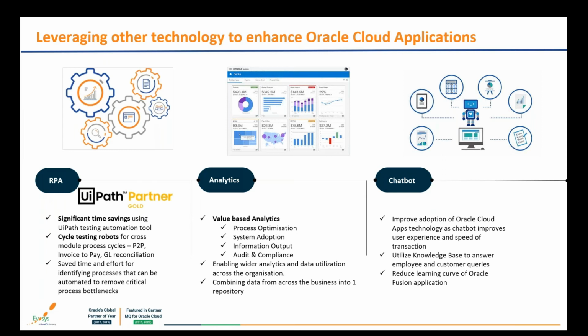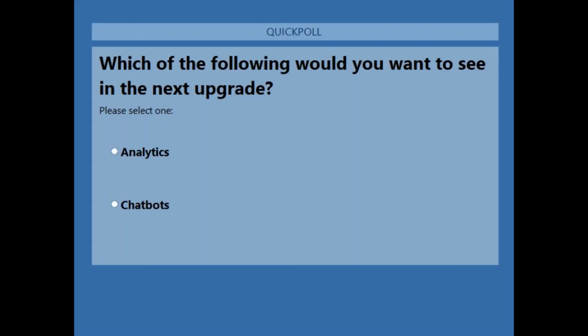What would you like to have a session or a short session on to complement these? So obviously, with RPA being done today, we're looking to understand whether you'd rather hear a bit more about analytics or chatbot. So I'm just going to launch a poll now. And if you could just vote accordingly so that we can then decide on what to cover in the 21B.